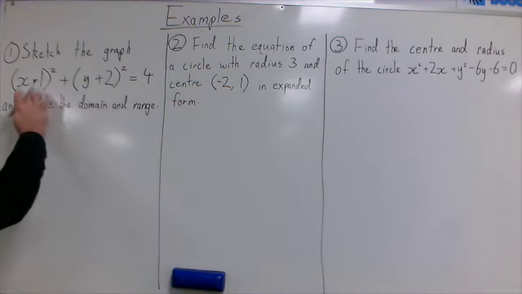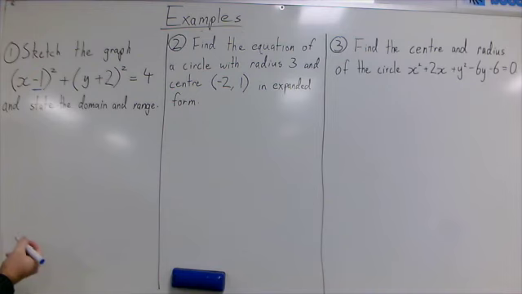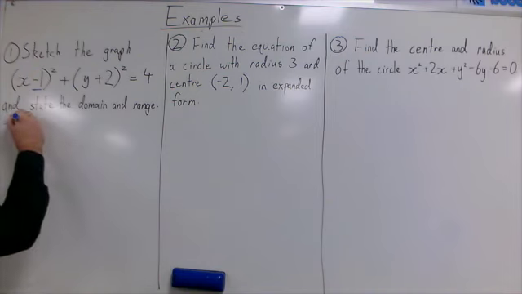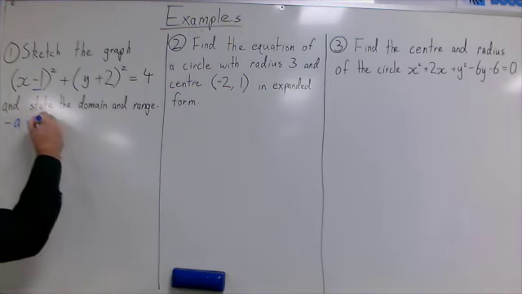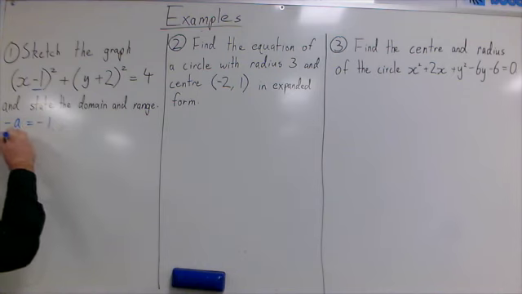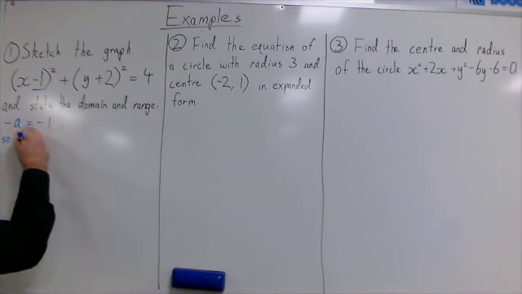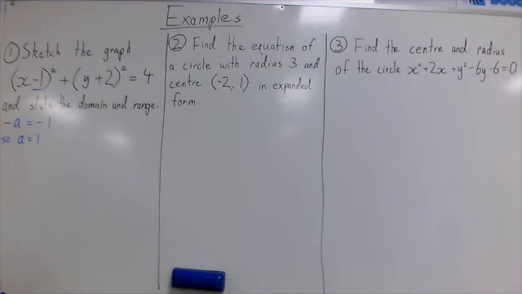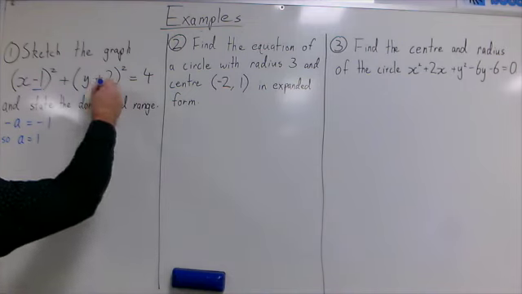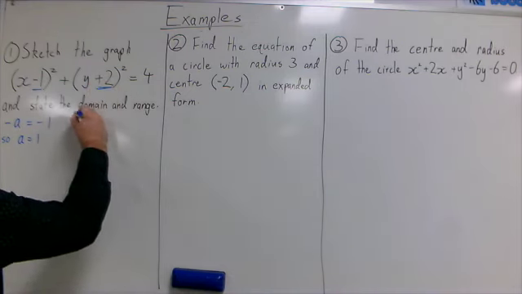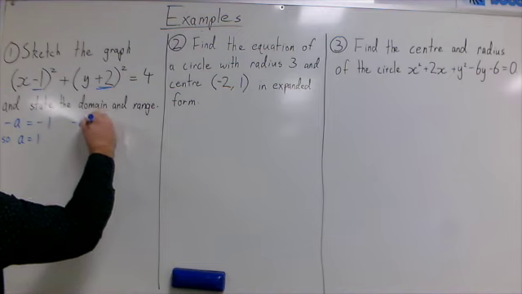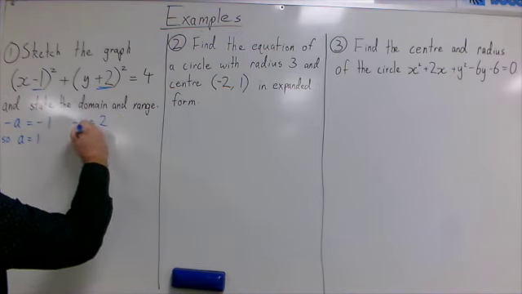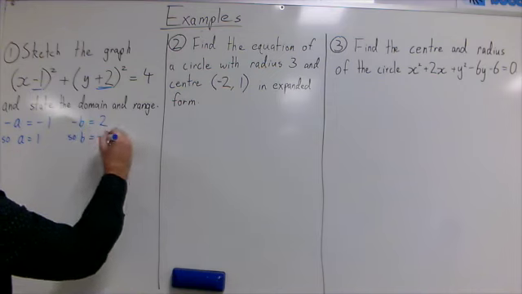So if we go through, that term is supposed to be minus a. So minus a equals minus 1, so a equals 1. Then we look at that term. That's supposed to be minus b. So minus b equals 2, so b equals minus 2.